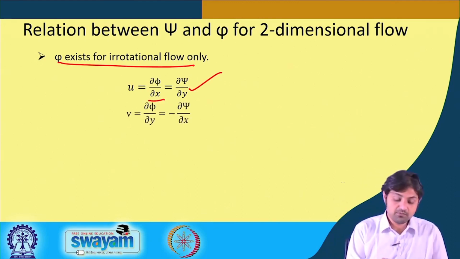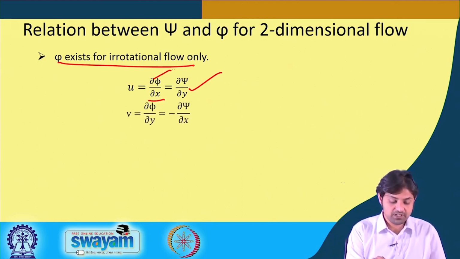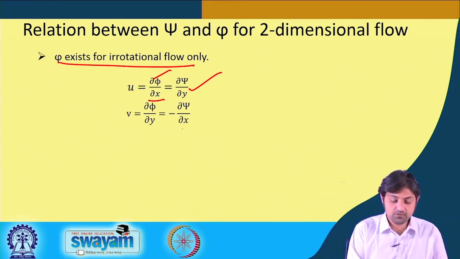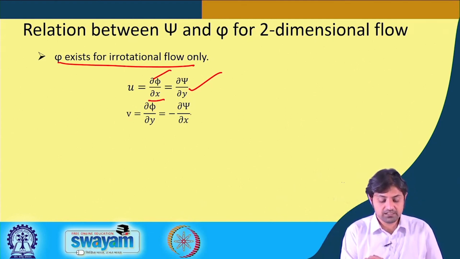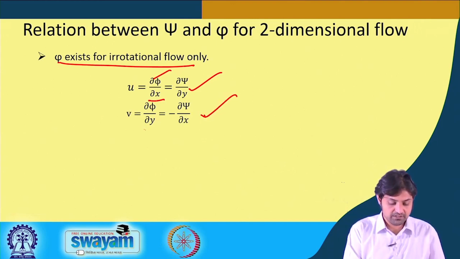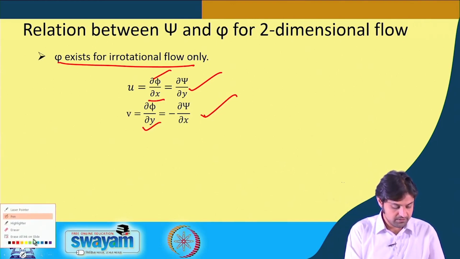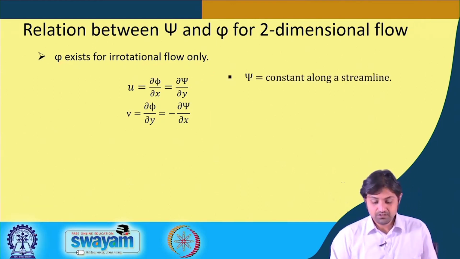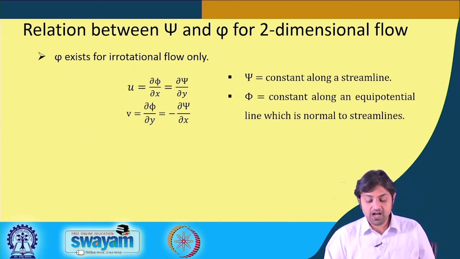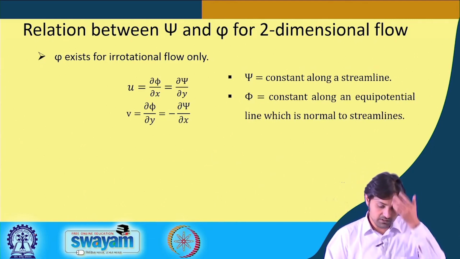Similarly, v is given as del phi by del y, the potential function, and this is equal to, for streamlines, minus del psi by del x. That we have seen before, right? So psi is constant along a streamline and phi is constant along an equipotential line, which is normal to the streamlines.